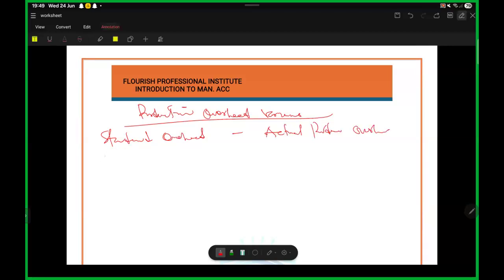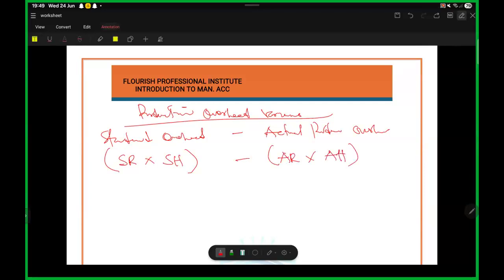So the overhead becomes your standard rate times your standard hours minus your actual rate times your actual hours.